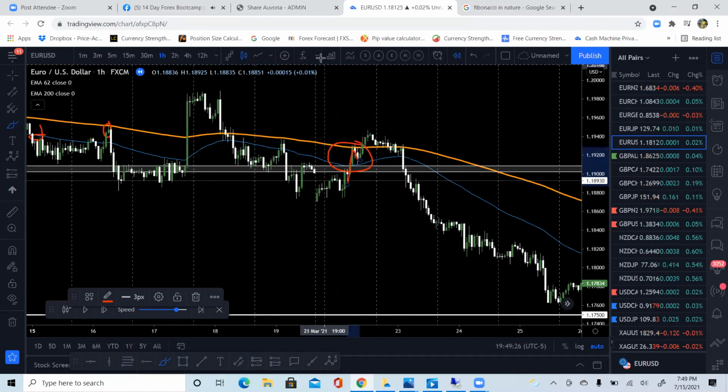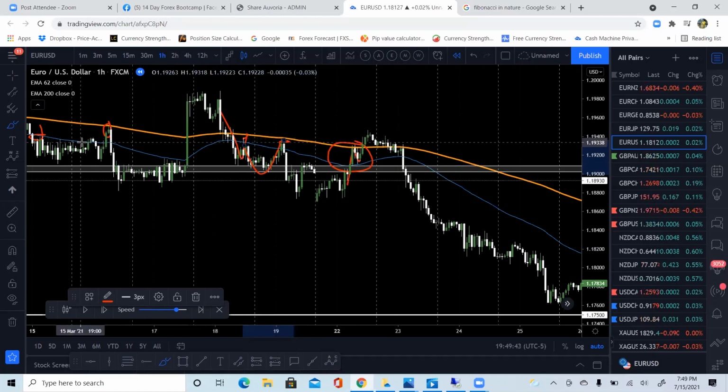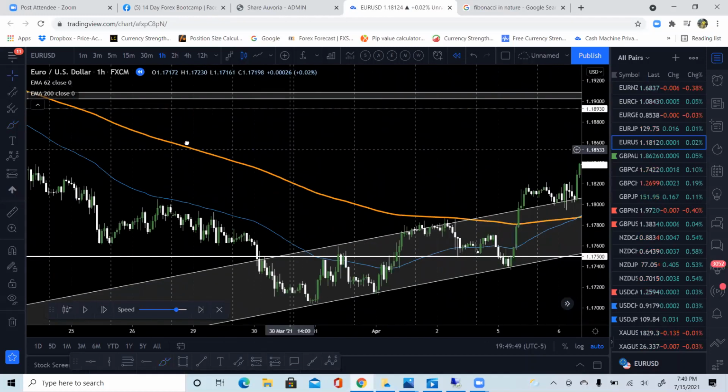That wouldn't be a trade because it's in the middle of it, going the wrong way. In this example, it broke below both of them and it's retesting both of them. It's below both of them, retesting both of them. That would be a trade, this one over here. So that's how you kind of go between the two.